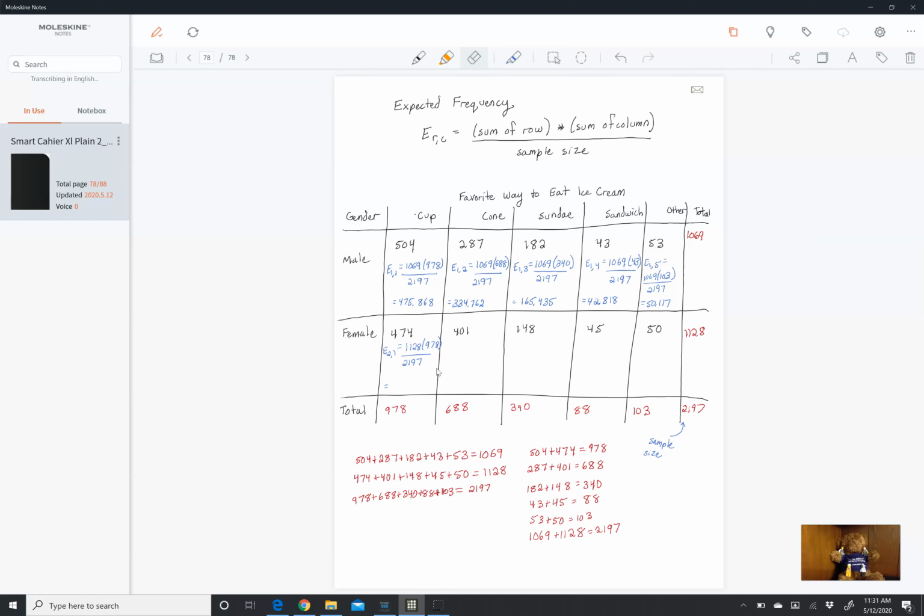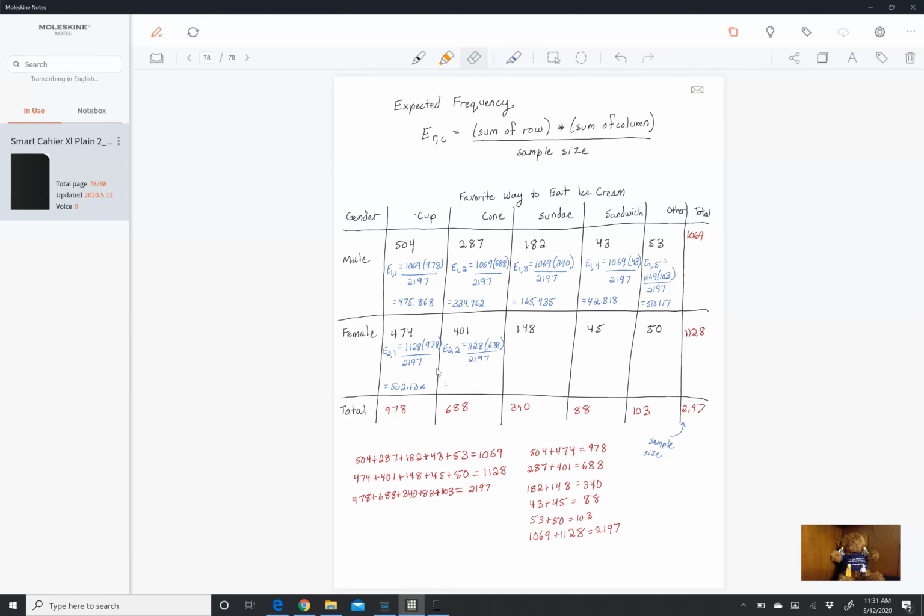And we get 502.132. Here, again, this is row 2, column 2. And this one, it's 1128. That stays the same. But the sum of the column is 688.